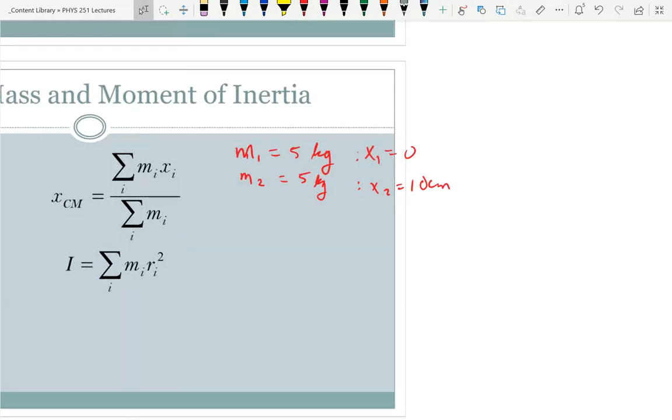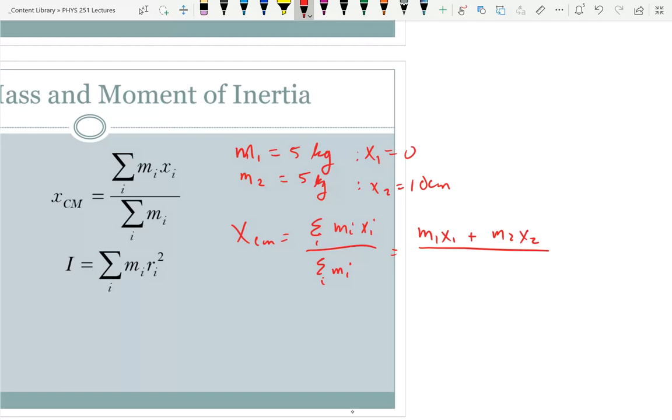And so then to find the center of mass, this means the summation over i of m_i x_i, which just means you're summing over all of the objects present, and then divided by the sum over i of m_i. Literally that means m1 x1 plus, what does i mean? i means whichever item you have, so you're going over all of the items.